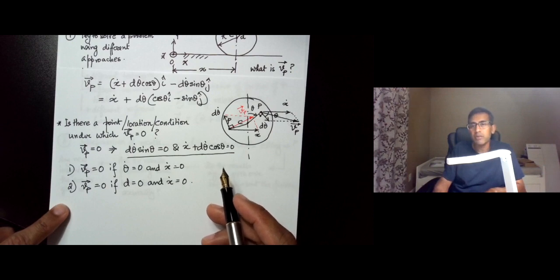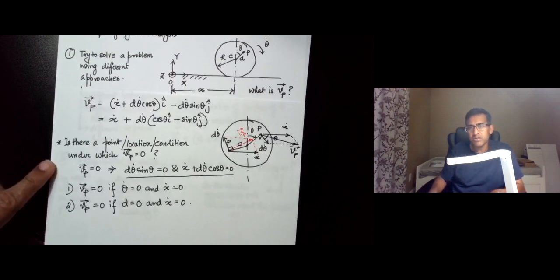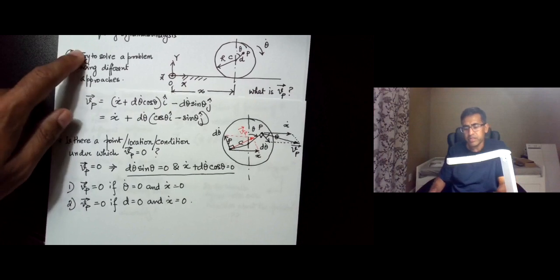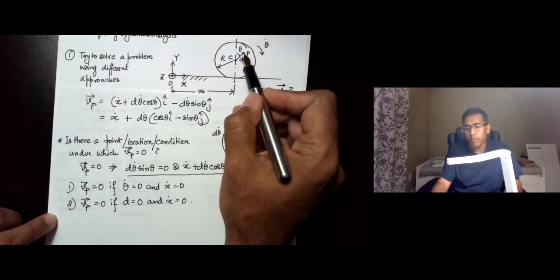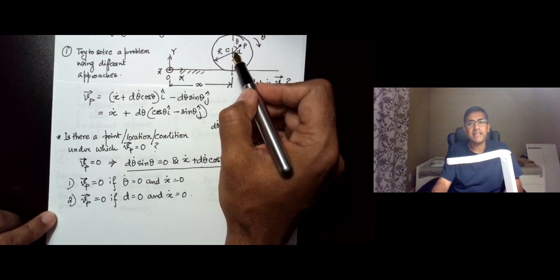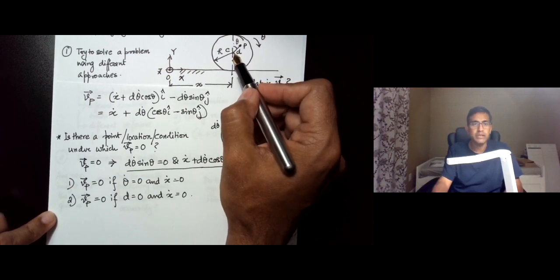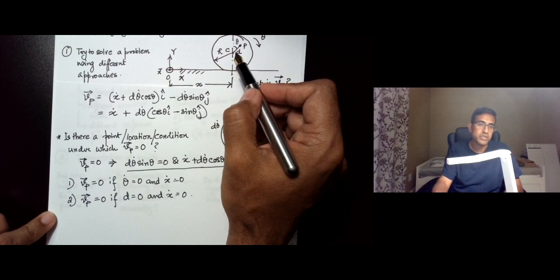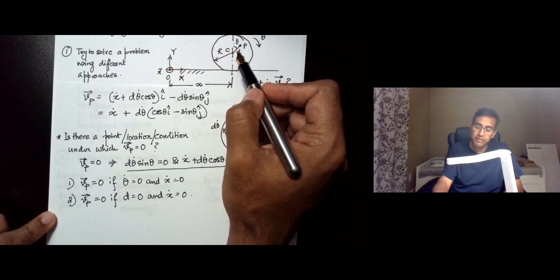And that's also a pretty simple situation, because d equals 0 means P coincides with the center of the circle.